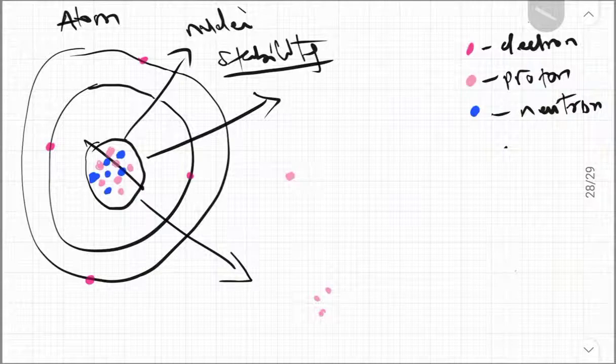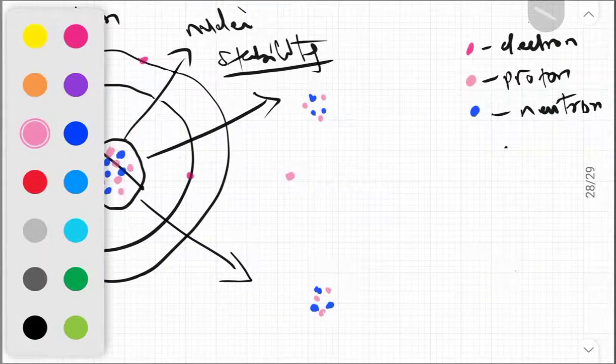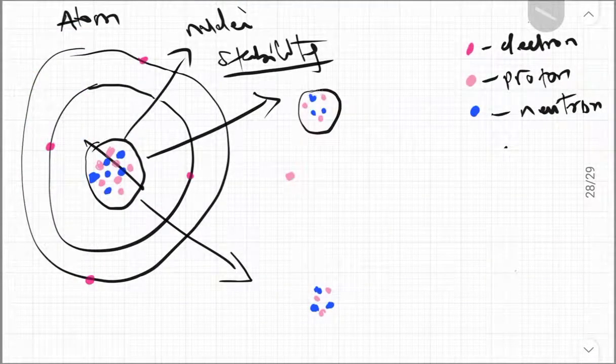So we now have 1, 2, 3 neutrons, and this is the nucleus of one of the atoms which split from this. And let's draw another one here. 1, 2, 3. Then 1, 2, 3. All right. So this is one nucleus, and this is the other nucleus.